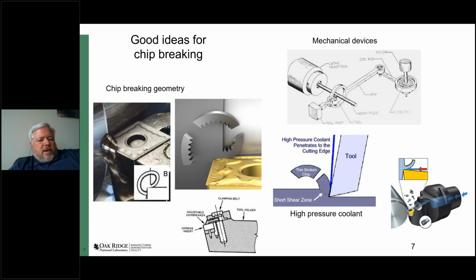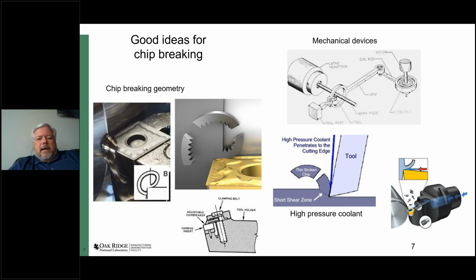It could also appear as a little piece of material that you clamp into the holder with the insert, and that's what you see in the picture there in the bottom with the cross hatching on it. There is an adjustable chip breaker that's clamped in beside the insert, so as the chip comes along, it curls up and causes it to break.